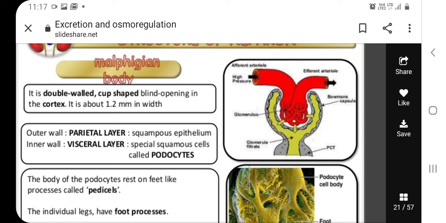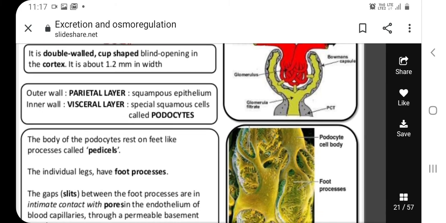It is made by special squamous cells called the podocyte.